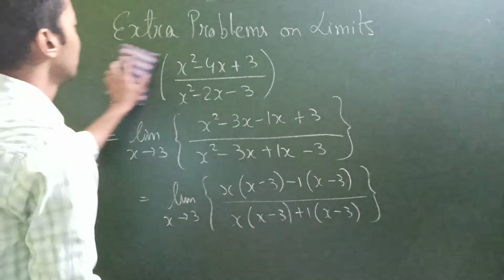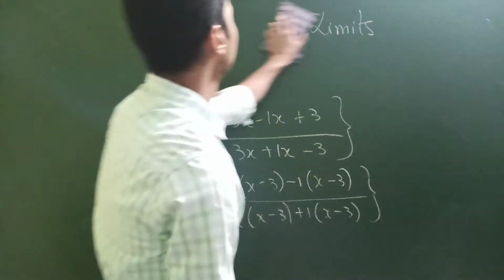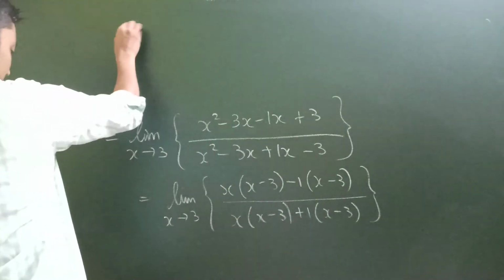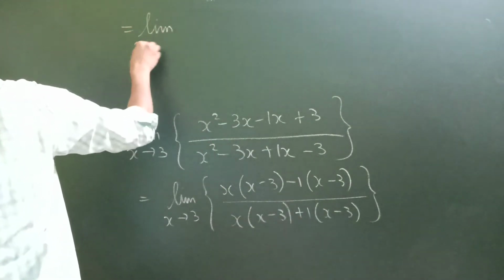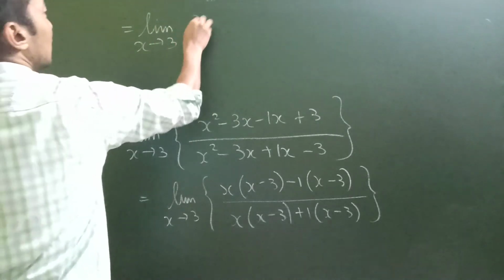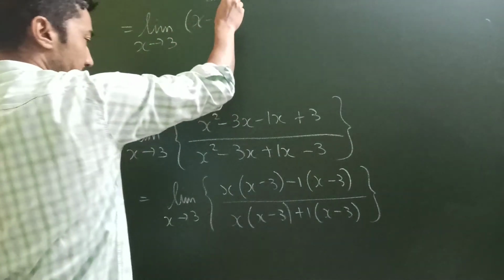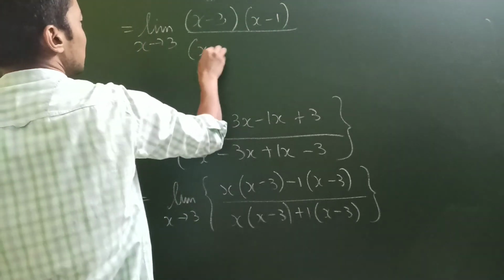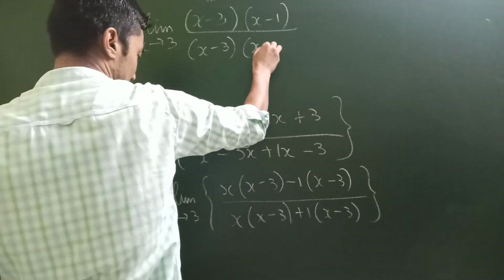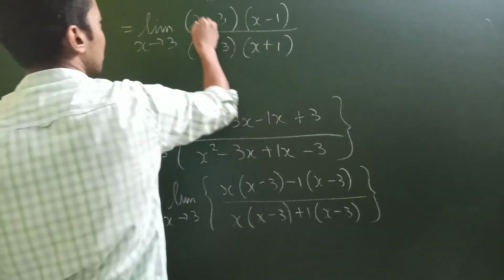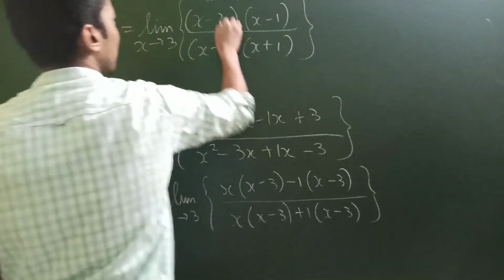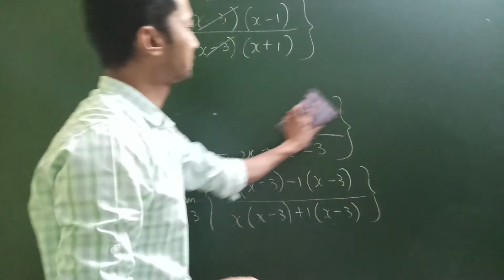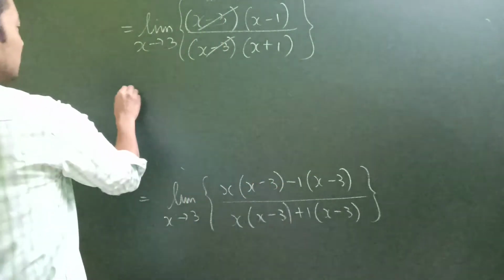Okay, so I'm going to wrap this up. This one also I'll continue here. That's going to be the limiting value as x tends to 3 of (x minus 3)(x minus 1) upon (x minus 3)(x plus 1). It's better to use brackets. So what do we have here?